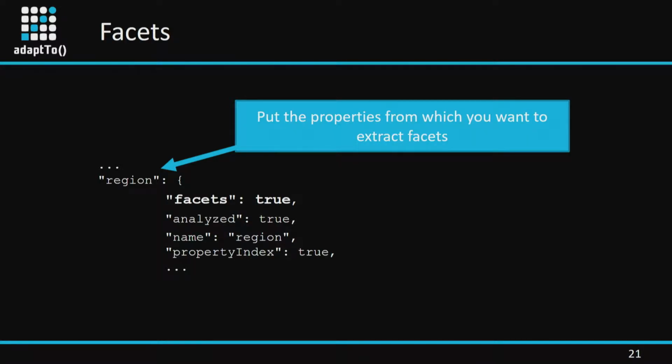Let me mention another interesting thing. We encountered a problem in AEM 6.2 out of the box while setting facets true on a multi-value property.